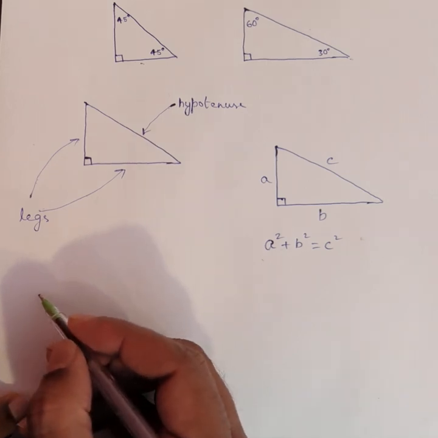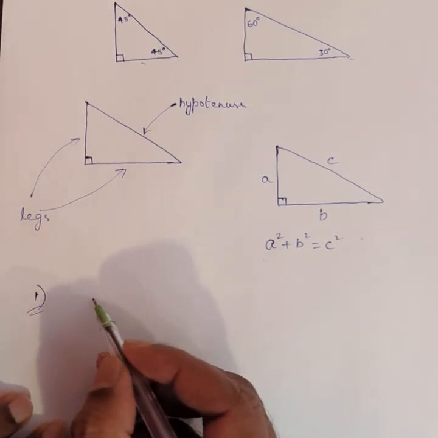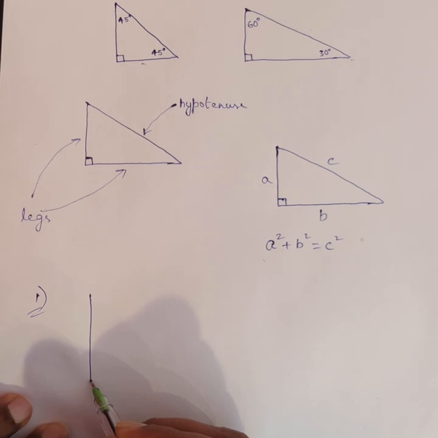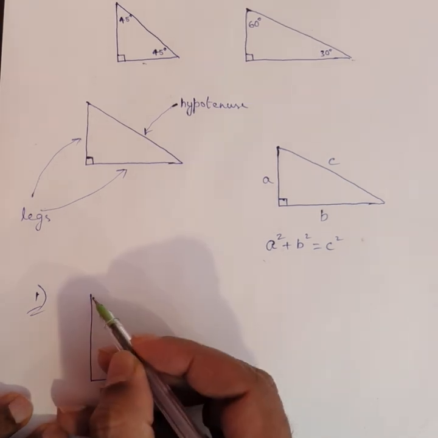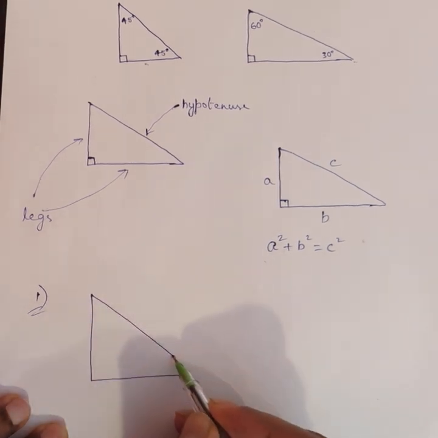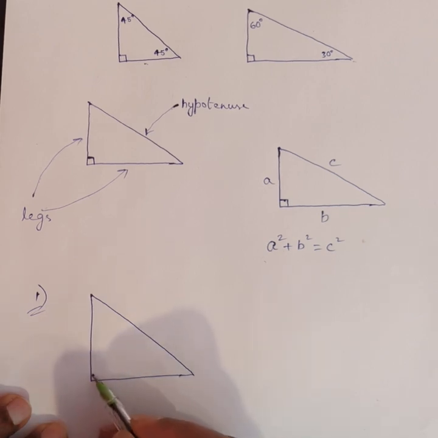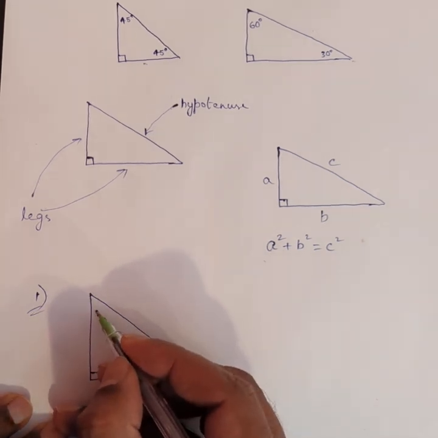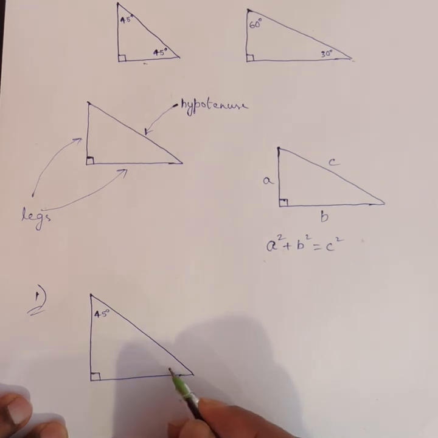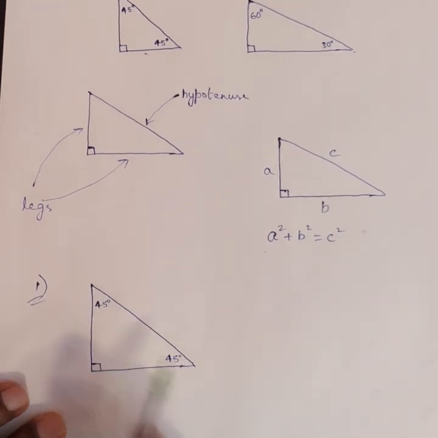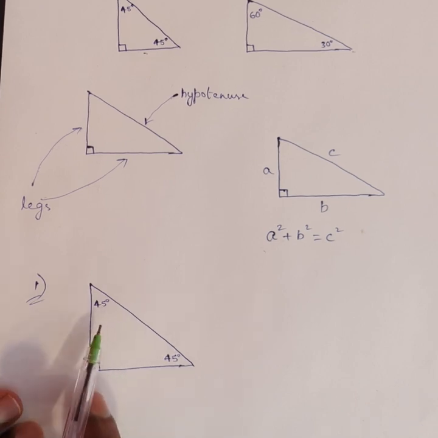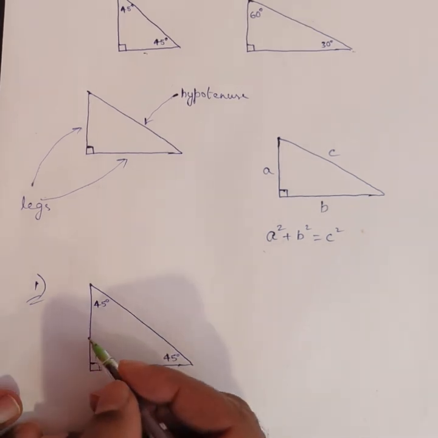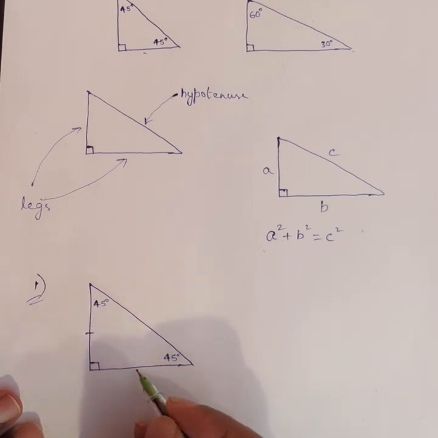So when I have the first special right triangle, I have a 90 degree angle and 45 degrees. If two angles are equal, that means I have an isosceles triangle, which means these two sides are also equal. So the two legs are going to be equal.